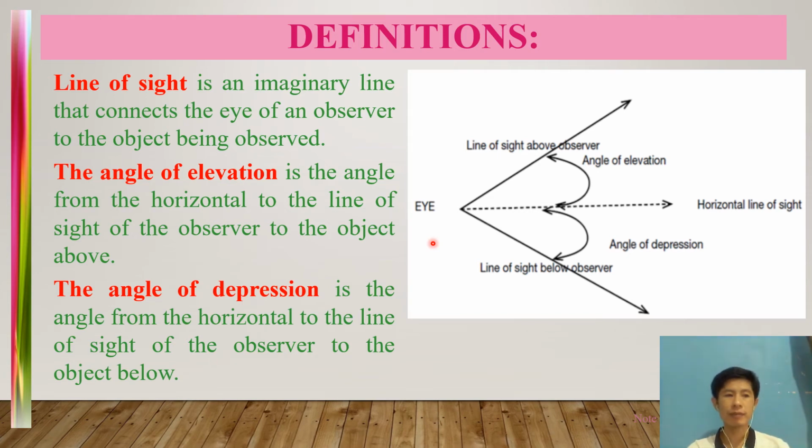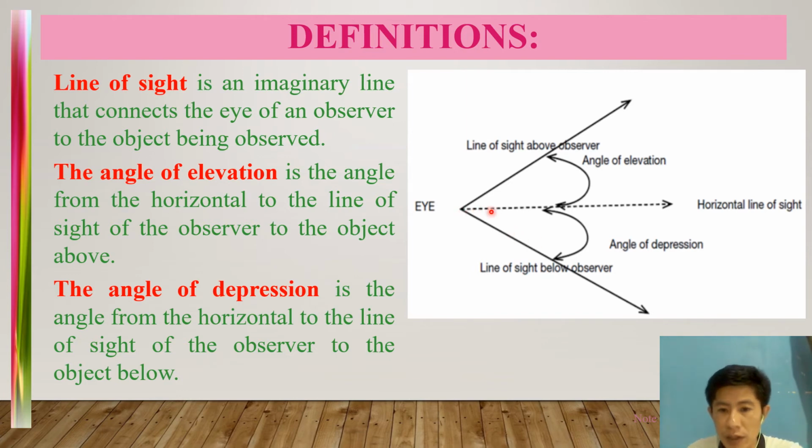Okay. Then, kapag tumingin naman ako dito sa baba, makikita ko yung box ng printer. Nandun siya nakapatong sa floor. Okay, so if there is that imaginary line from my eyes towards those box, ang line na yun ay tatawagin na nating line of sight below the observer.